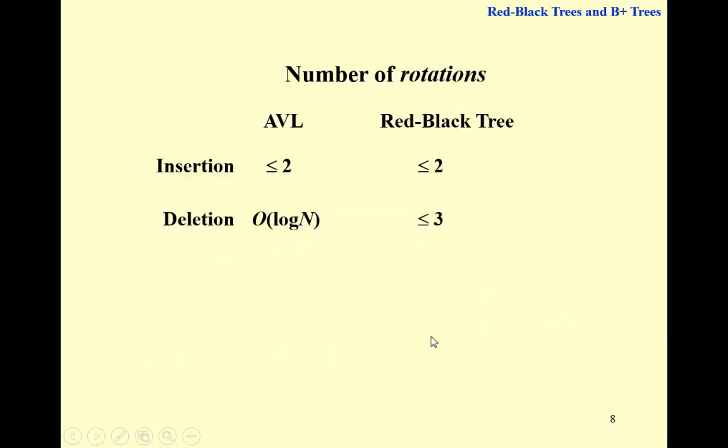Okay, finally, as a conclusion, let's compare the AVL trees with red-black trees. They're both very good self-balancing trees. The difference is only the number of rotations involved during the insertions and deletions, especially the deletions.